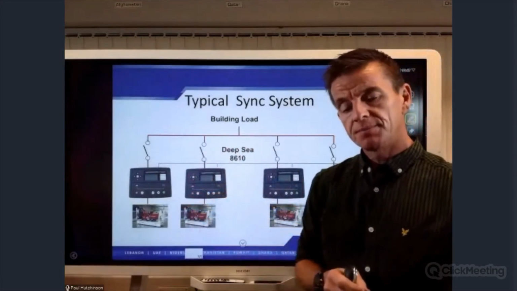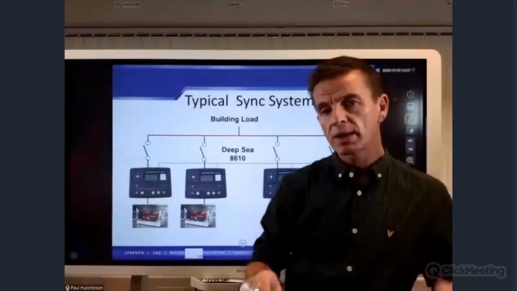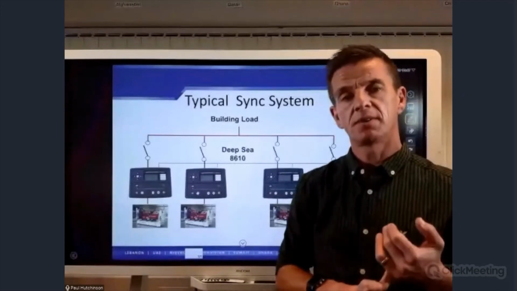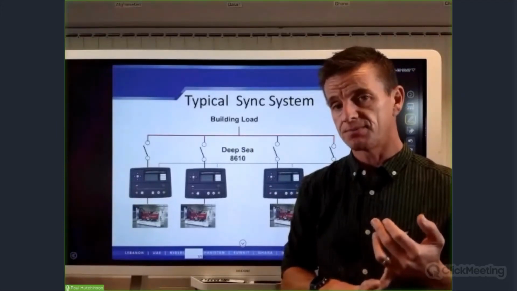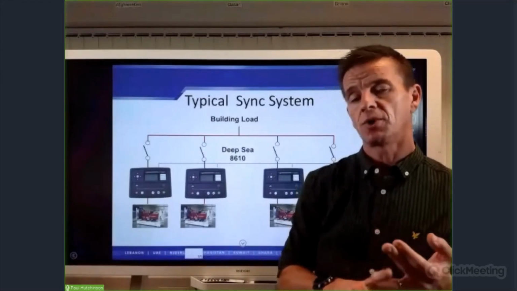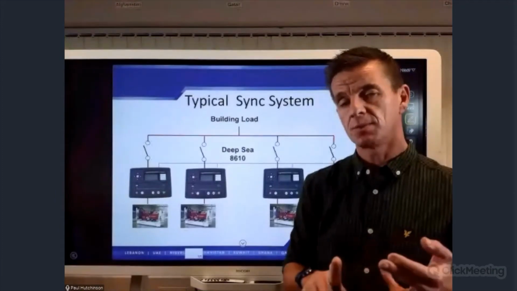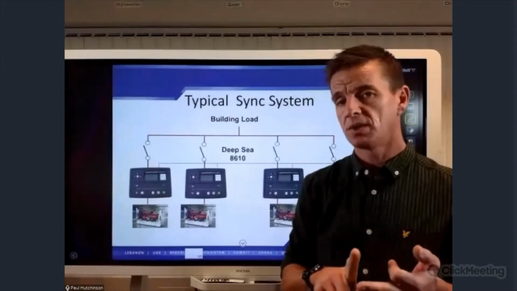As an example, here we have a typical system. Okay, so what we've covered so far is we've talked about the 5 things that we need for successful synchronization. Okay, we've talked about each of the different types. So we've talked about speed control, our voltage control.